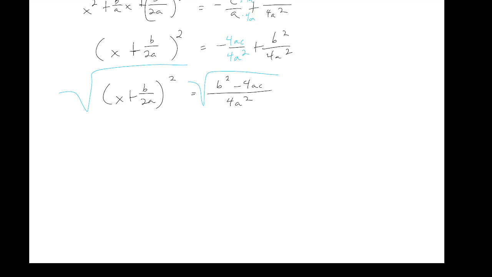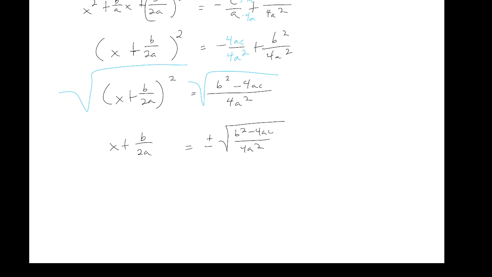So what do we have here? We have x plus b over 2a, because we square rooted that square. The numerator is going to be plus or minus the square root of b squared minus 4ac over 4a squared. Now I can take a square root of this right here, right?